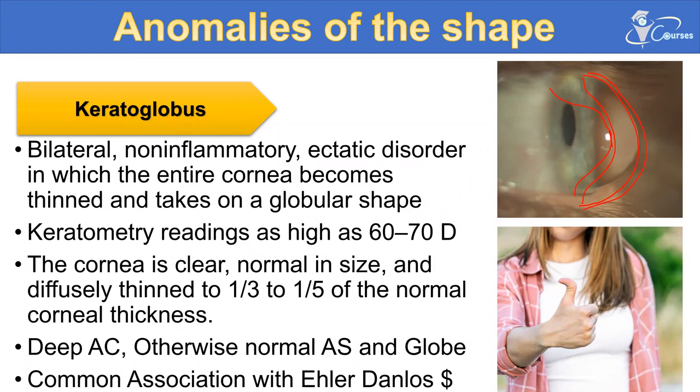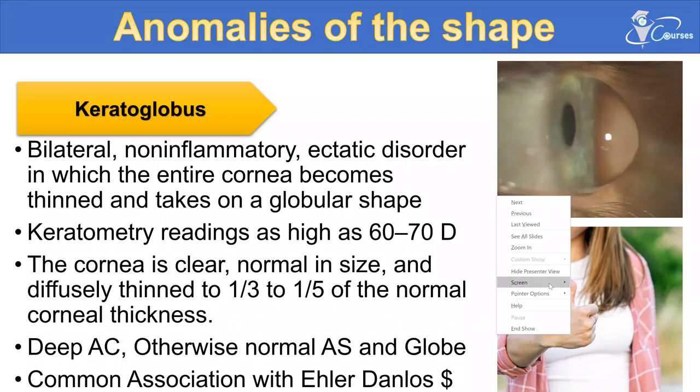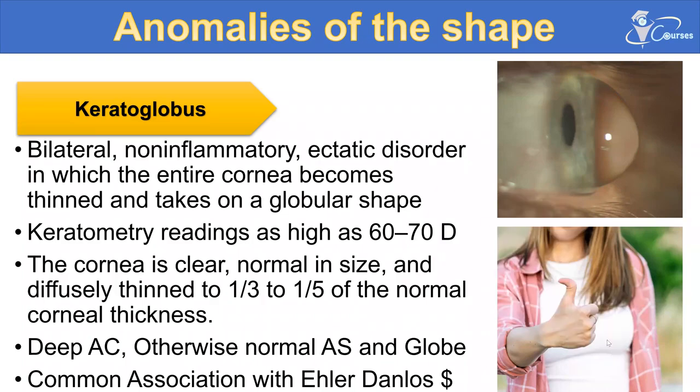As it is an ectatic disorder, there is ectasia, which means that there will be higher curvature. The cornea will be more curved, like you can see here. So you can see that the cornea is highly curved, meaning that the K readings will not be 45 or 44, they will be like 60 to 70 diopters.